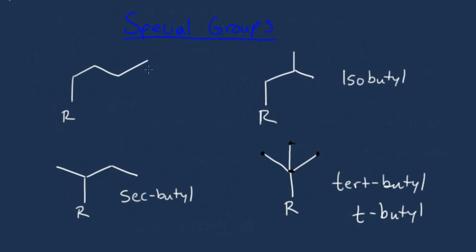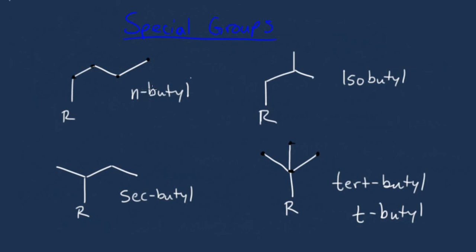So again, this looks like a 4-carbon substituted group. There's our 4, if it's not obvious. And you might see this referred to as N-butyl. And all N means here is just normal.